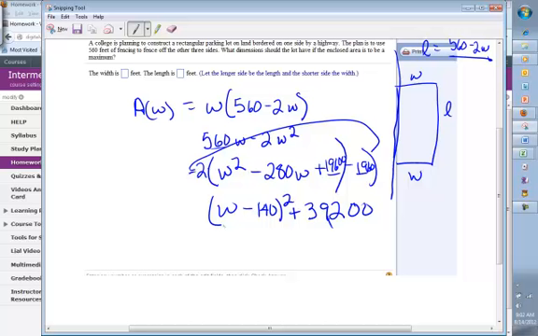So the width will be 140, because when you solve that for w, w is 140. So the width is 140. The length is twice that, which is 280 away from 560, which makes the length 280 feet.